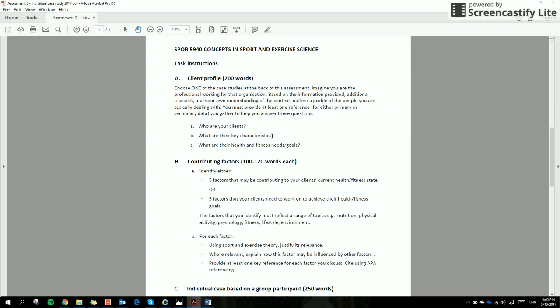And that might be characteristics to do with their nutrition or their physical activity or their lifestyle or their habits or whatever. And you can get that information partly from the profile I've written, but you're going to have to actually utilize your own research skills to find this information as well. You might have to talk to people that work in this area. You might have to do a bit of finding some stats, for instance, about Māori families.